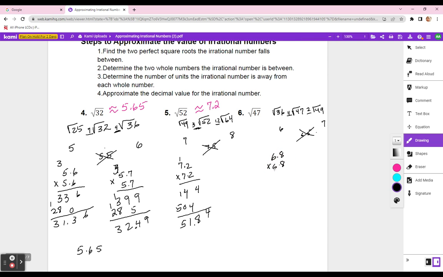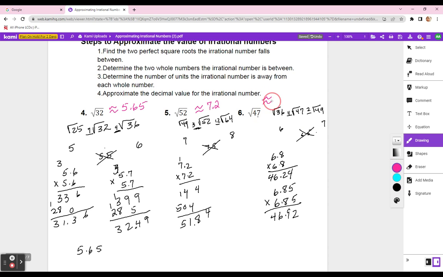6.8 times 6.8. And that's going to give us 46.24. If we do 6.85 to try to get closer, if we multiply that out, that's going to give us 46.92, which puts us very close to 47. So that's a good estimate.